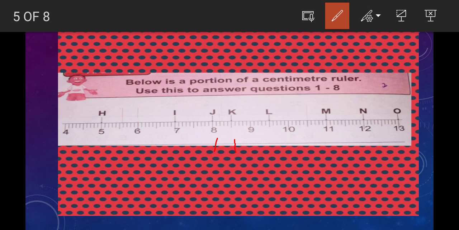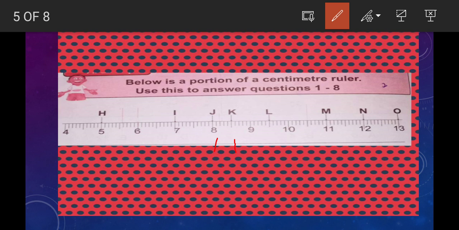Assuming this 8 was 0, from 8 to 9 you know it's 1 centimeter. Half of it becomes 0.5 centimeter. So you can easily say from point J to K is 0.5 centimeter.